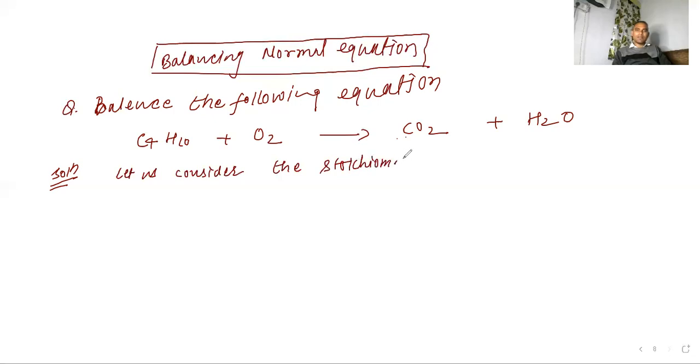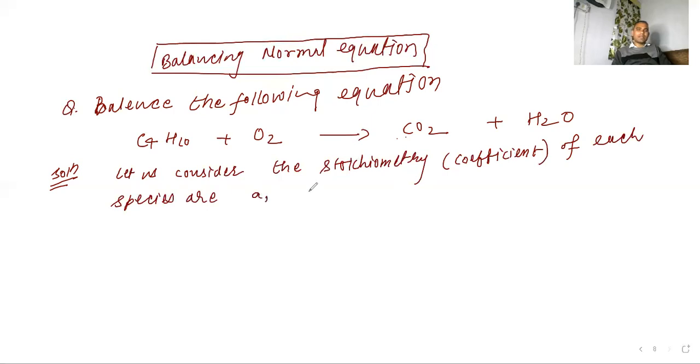Stoichiometry means simple numbers, or you can write it as the coefficient of each species. The coefficients of each species are A, B, C. Four species are there, so you need to calculate A, B, C, and D. See how interesting it can be.